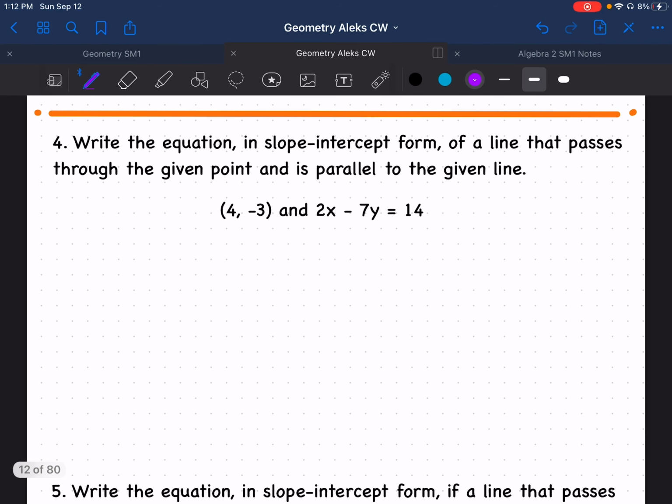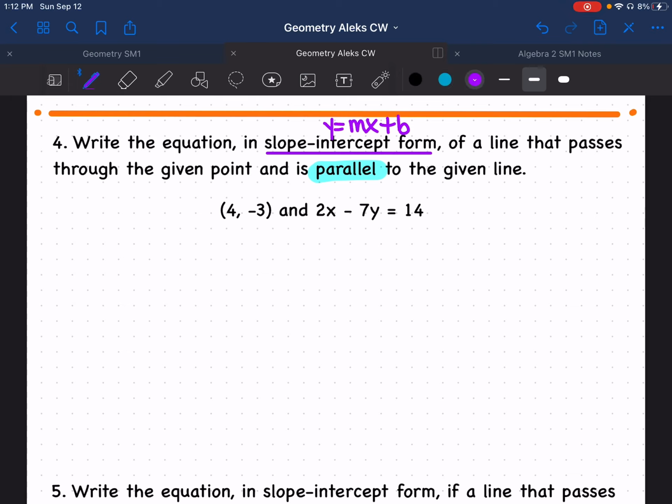All right, the last 2 questions on your test are going to ask you to write the equation of a line in slope-intercept form. Remember that slope-intercept form is y equals mx plus b, of a line that passes through our given point and is parallel, in this case, to the given line.